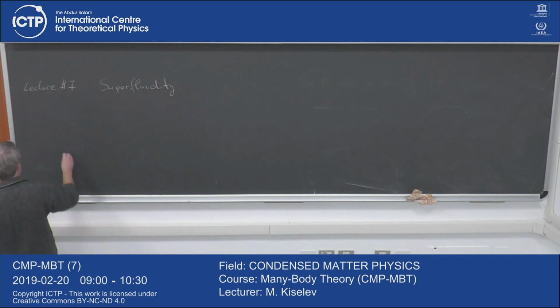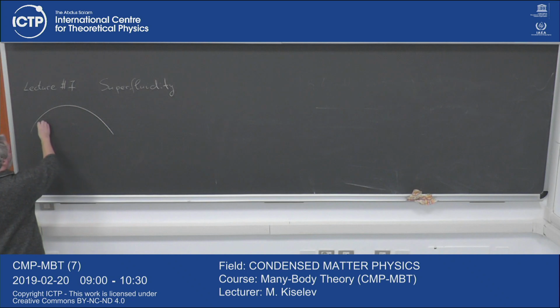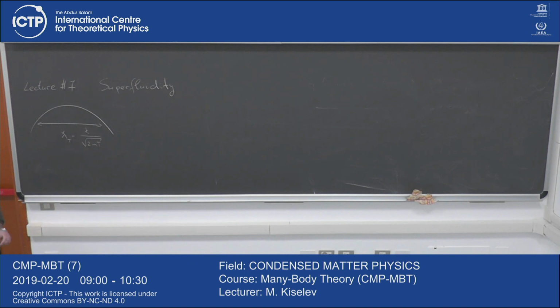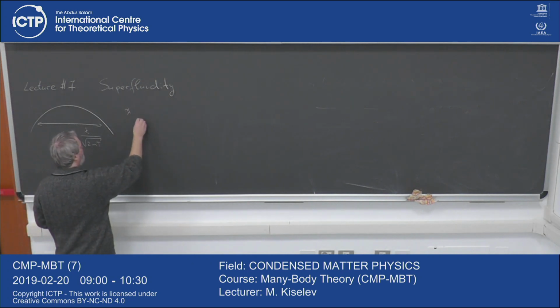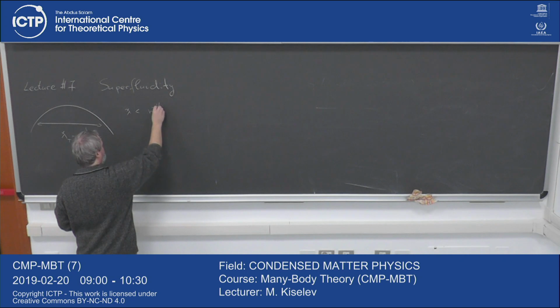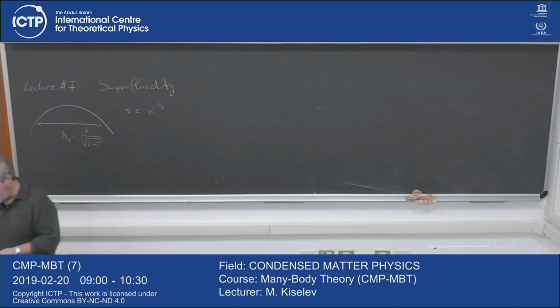Okay, what I was saying is that let's introduce the de Broglie wavelength lambda, which is h bar over the square root of 2 pi m T. And we are saying that as long as the de Broglie wavelength is smaller than the interatomic distance, so this is the inverse cubic root of the density, then we can speak about bosons as short wavelength waves or particles.